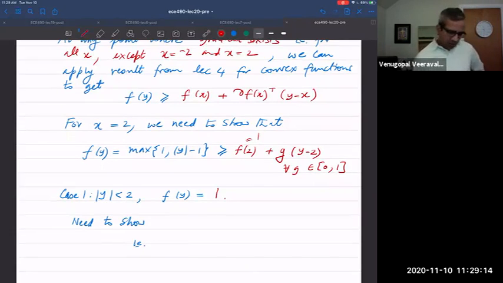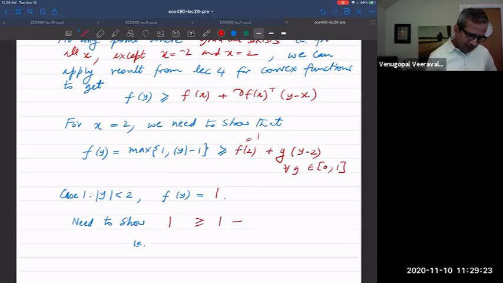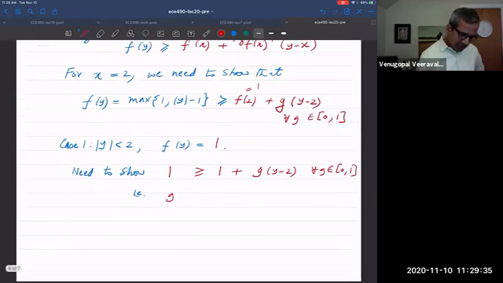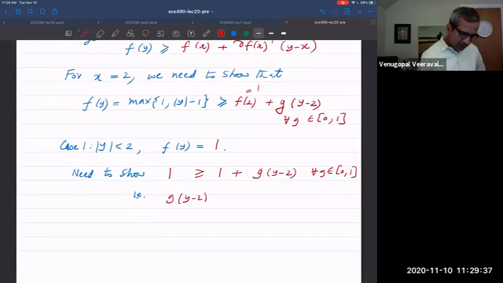And so we need to show that f(y), which is 1, is bigger than f(2), which is 1, plus g(y minus 2) for all g in [0, 1]. But that's the same as showing that g times (y minus 2) is less than or equal to 0 for all g in [0, 1].